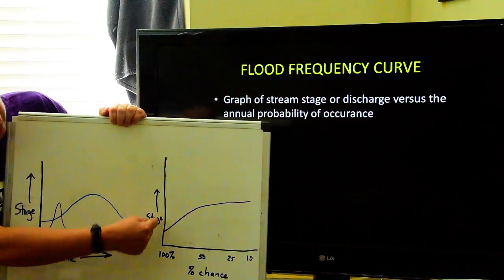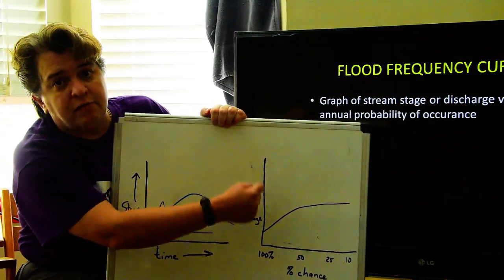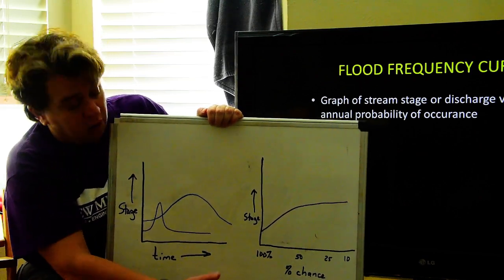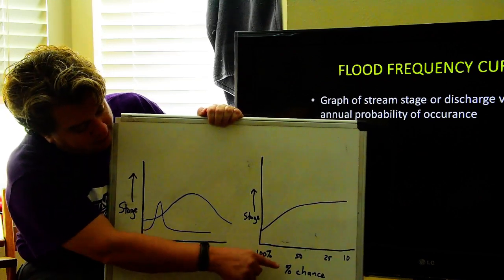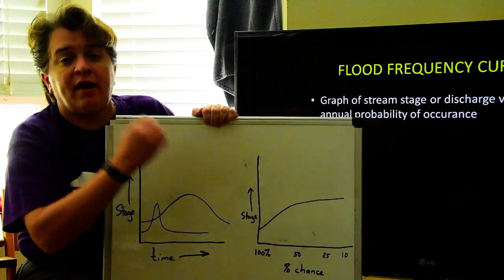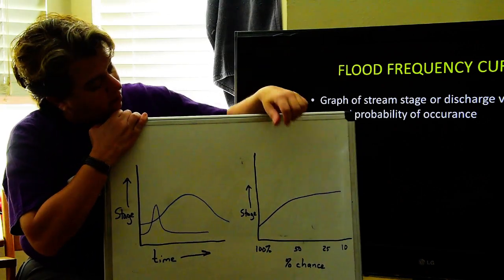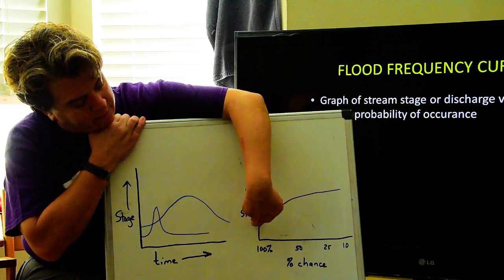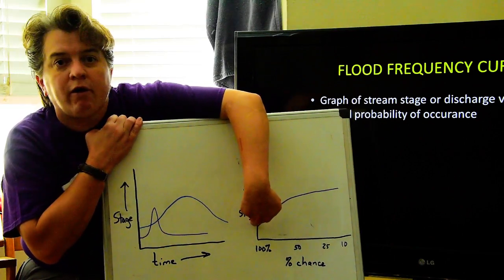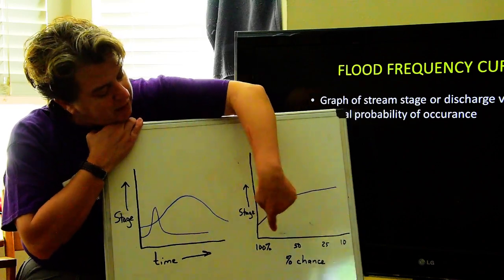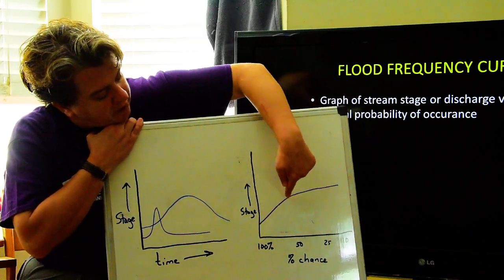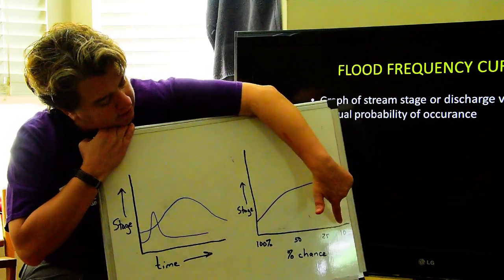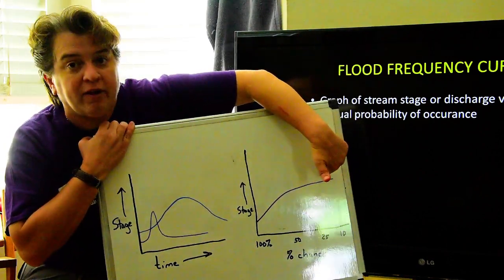What we have on the y-axis is the stream stage, or volume of water in there, and then on the x-axis is the percent chance of it happening, right? The probability of it happening. So 100% chance, we know every year we're going to have this amount of water flowing in that stream. We have a 50% chance that there'll be this volume of water. We have a 10% chance there'll be this volume of water.